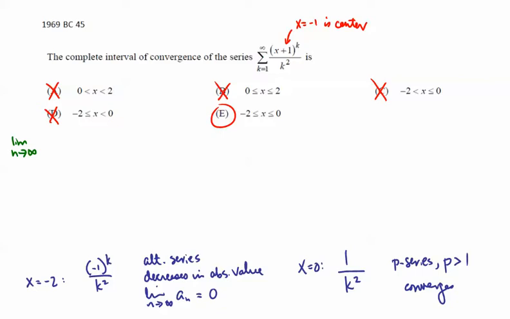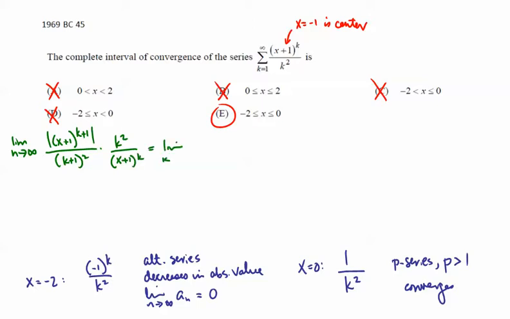We're going to use the ratio test, and so we have the absolute value of the n plus first term, or in this case k plus first term, (x plus 1) to the k plus 1 over (k plus 1) squared, and then we're going to multiply this by the reciprocal of the kth term, and we would have k squared over (x plus 1) to the k.